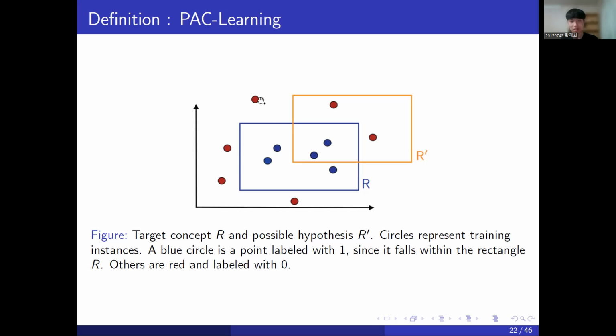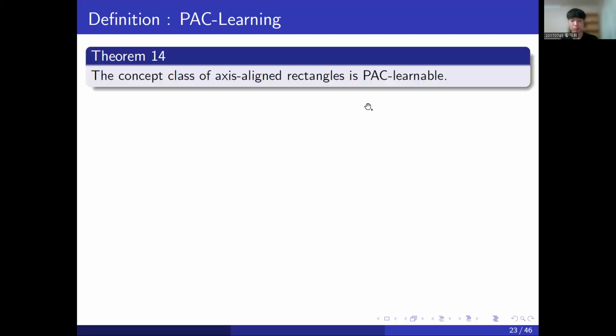Blue circles are points labeled with 1, since they fall within the blue rectangle R, and the others are red and labeled with 0. Our goal is training this hypothesis, or rectangle R prime. So I will explain this more precisely. I suggest that the concept class of axis-aligned rectangles is PAC learnable.